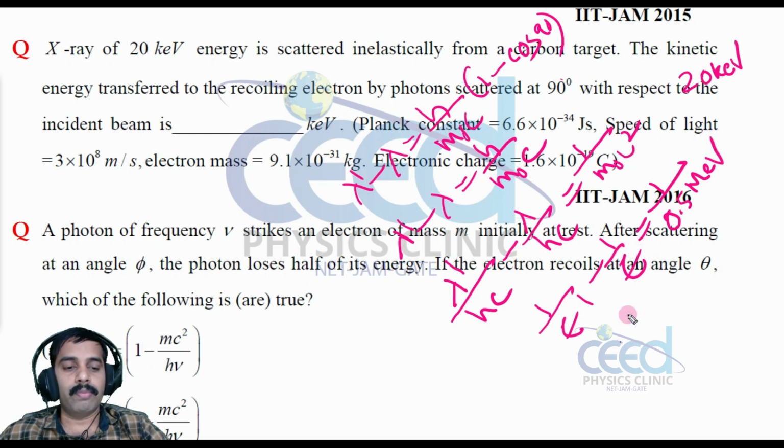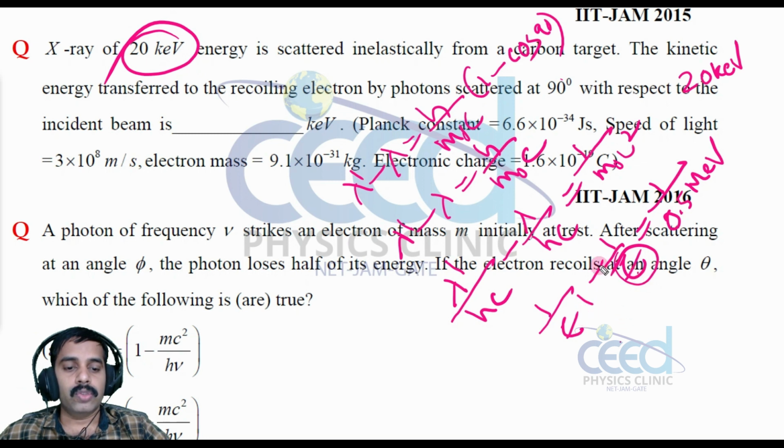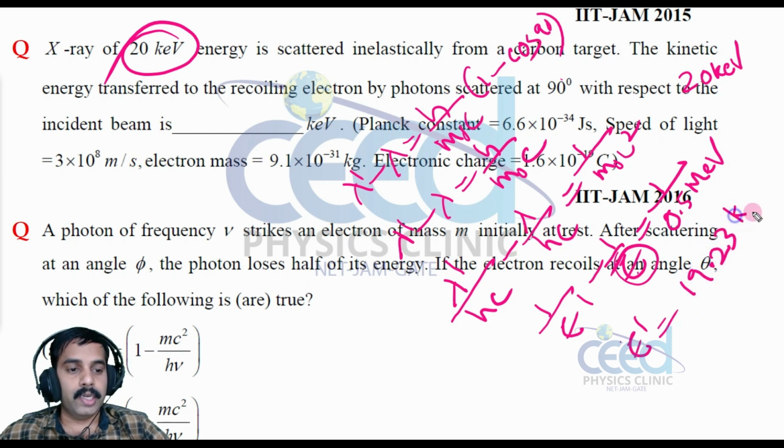Now the incident energy E is given as 20 keV. When I substitute this E value, I can solve for E dash, which is 19.23 keV.